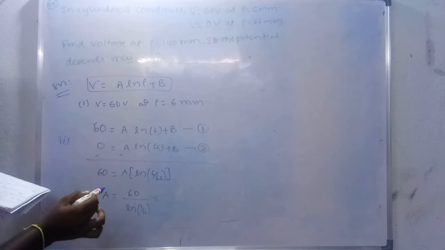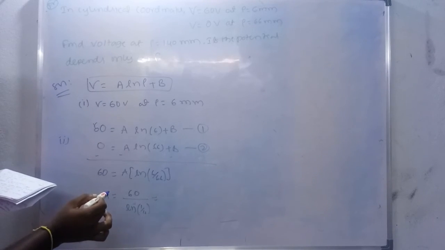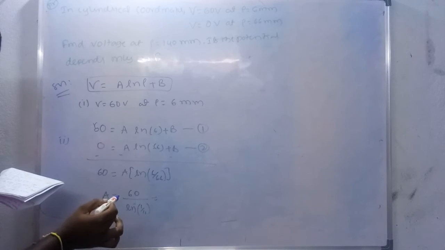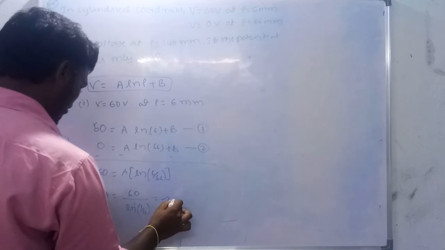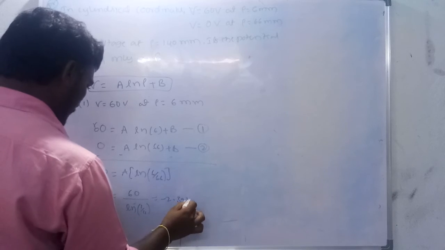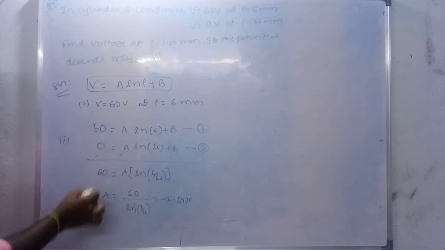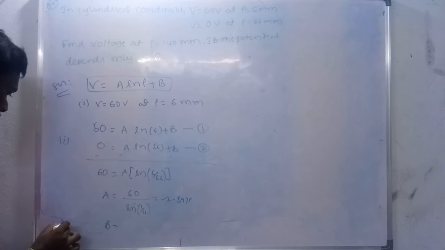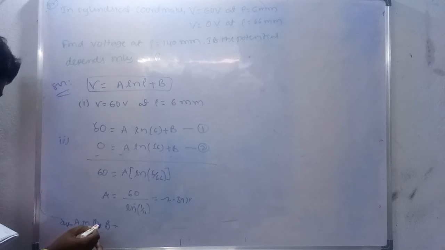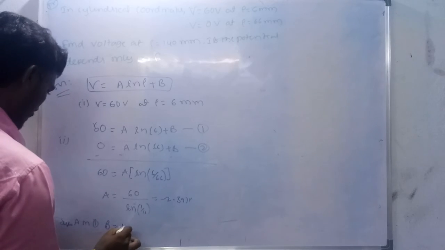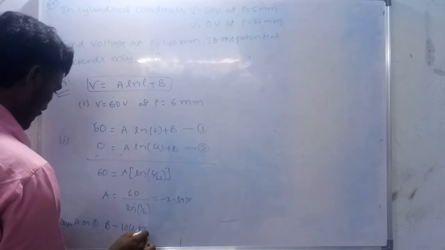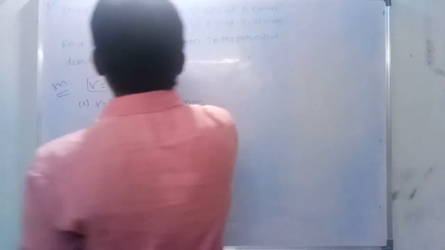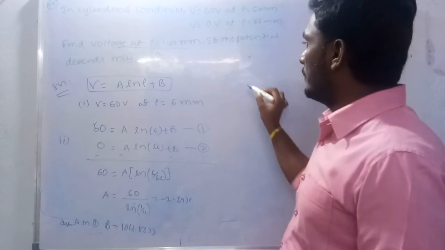The value of A is minus 25.0978. If you substitute the A value in equation 1, you will get B is equal to 104.837. But we need the potential at rho is equal to 140.